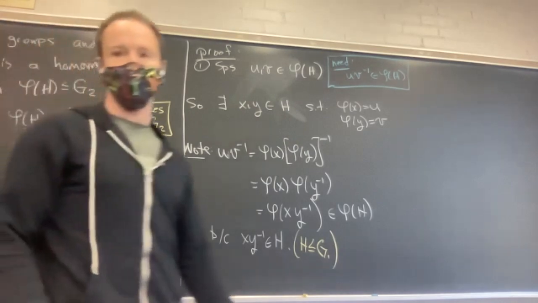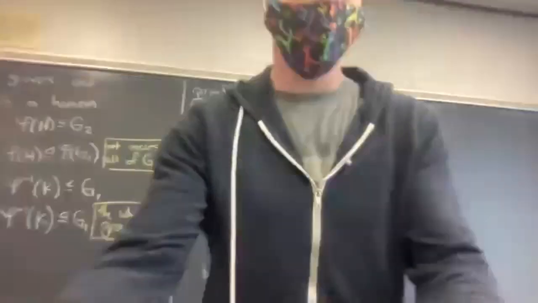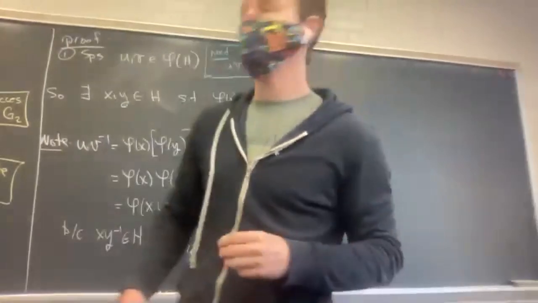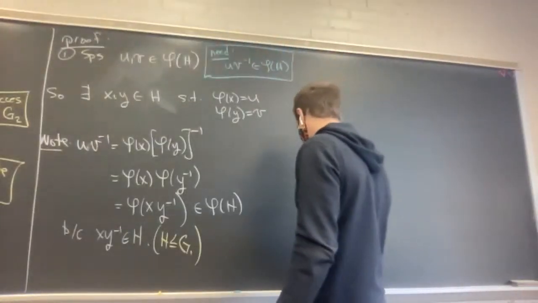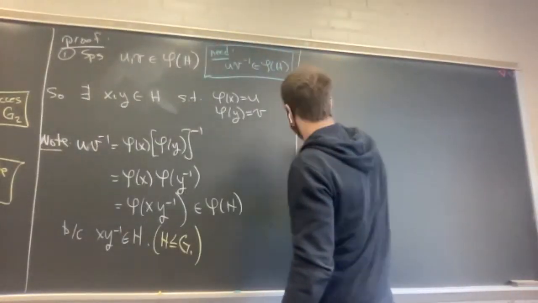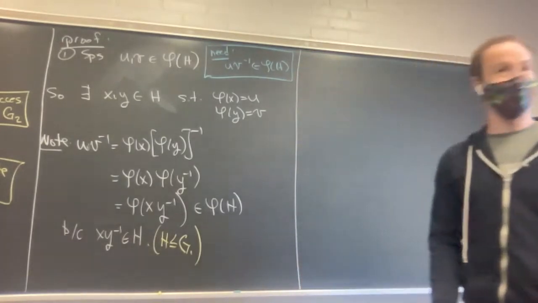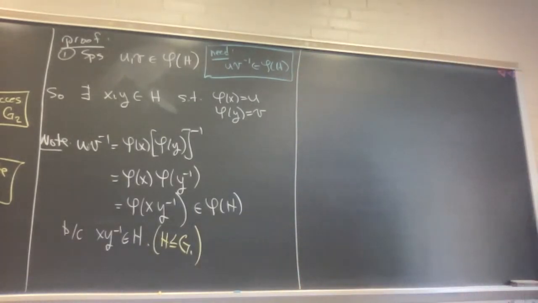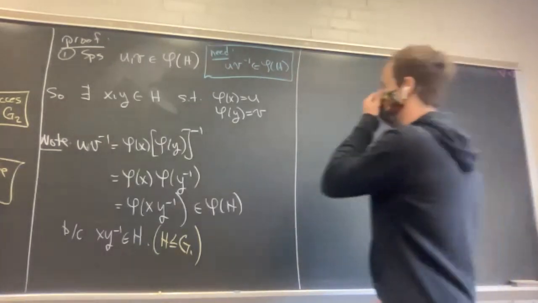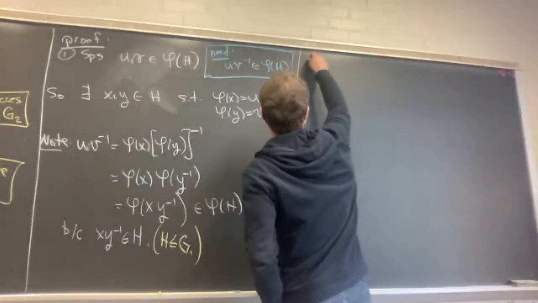Now let's show that it's a normal subgroup. We're going to do that using, I think the best way to do it is with the element condition of the normal subgroup. So let's maybe recall that really quick.